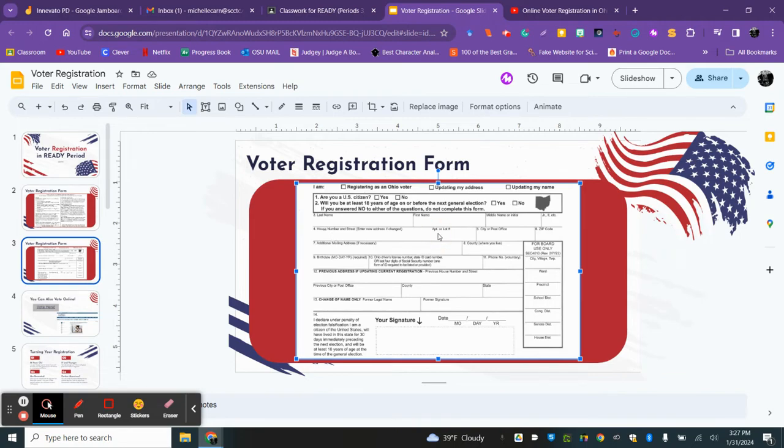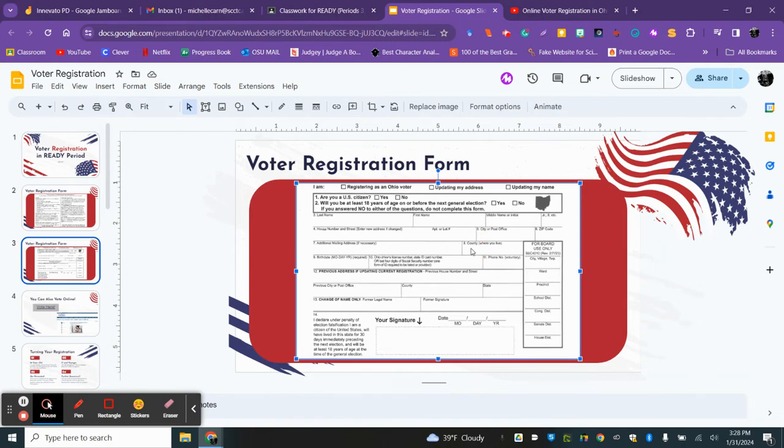Then, if you have an apartment number or a lot number, you're going to put that below here. Your city goes here, or if you use a post office, you can put that here as well. Then your zip code. Box 7 is an additional mailing address if necessary, if you have additional information that goes onto your address.